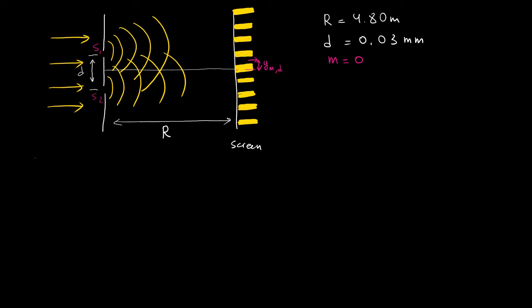In our case, we will have y, the 0th, m equals 0, which is the first dark fringe. And let's put a dark here, equals 4.50 centimeters.